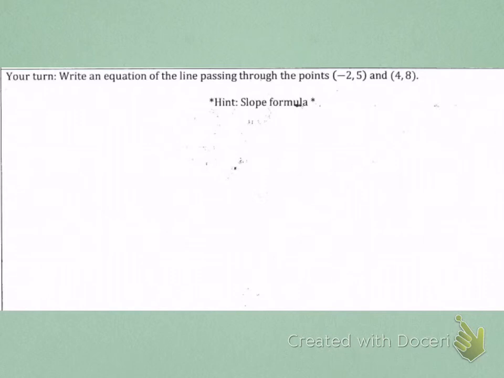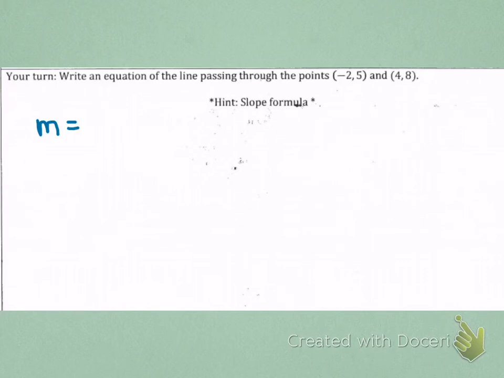In the next example, you're to write an equation of the line passing through the points -2, 5, and 4, 8. This time they don't tell you the slope, but you do know how to find the slope. You can find the slope from the 2 points. Then use the slope and a point to find the y-intercept or the b value. So let's start with our slope formula.